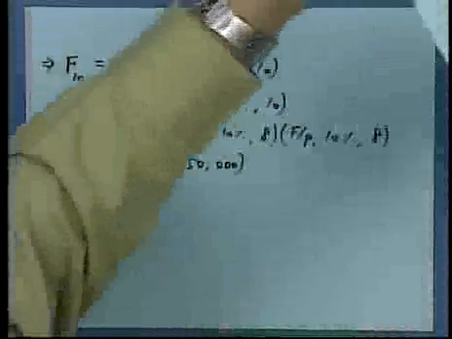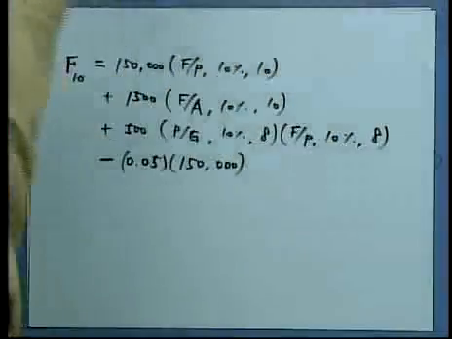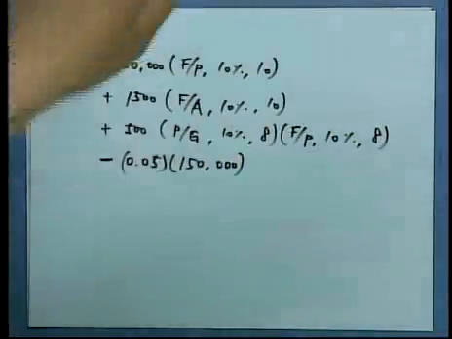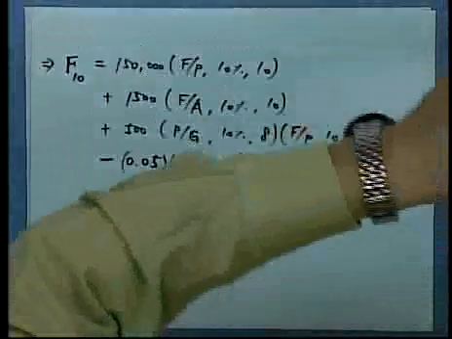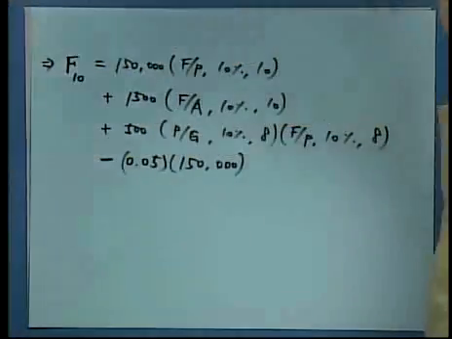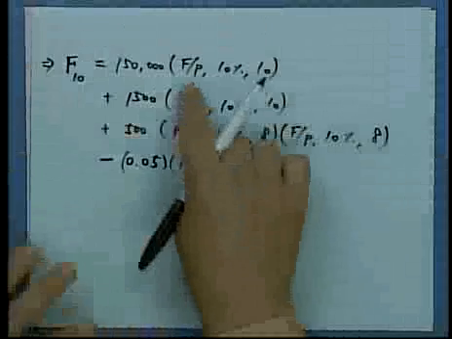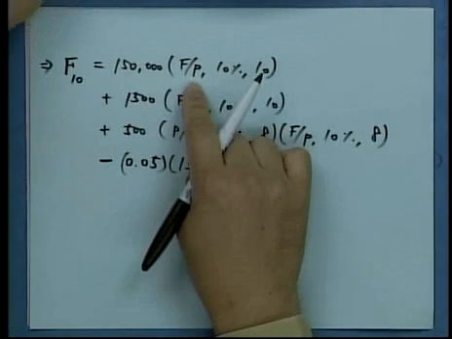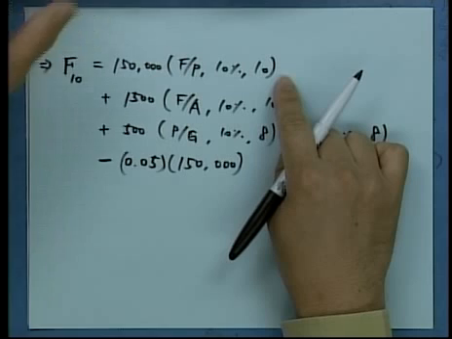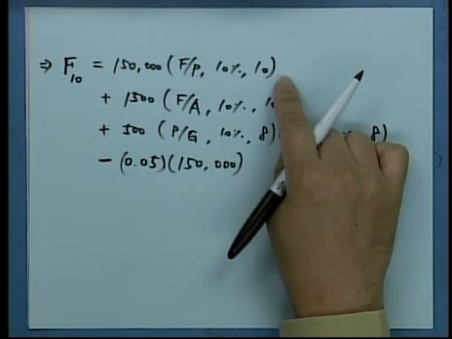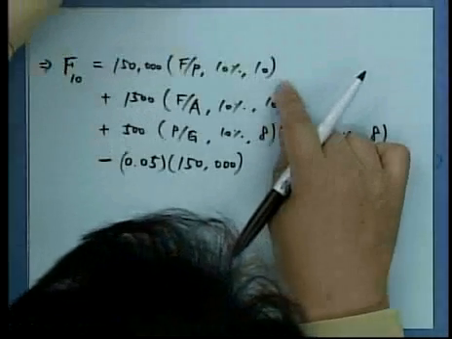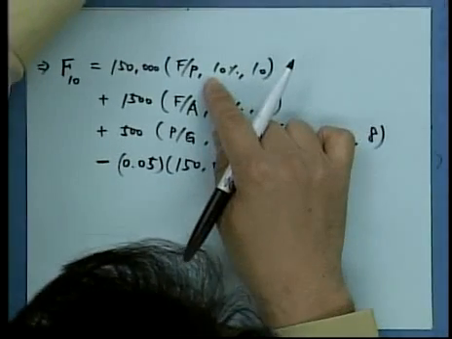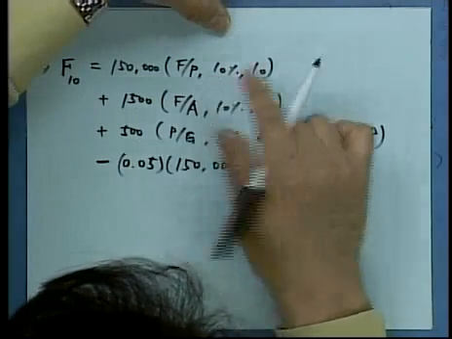So how much is this? We are looking at a 10% interest rate. F given P over 10 periods is 2.594.